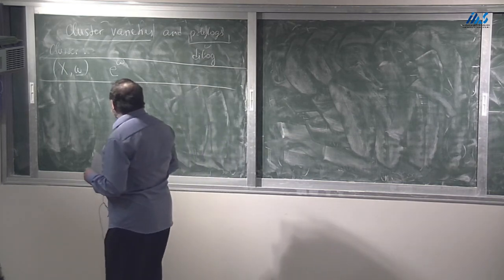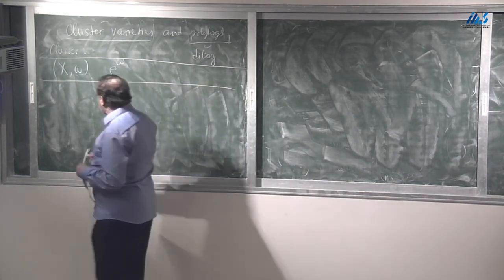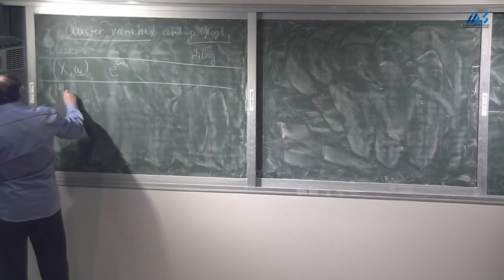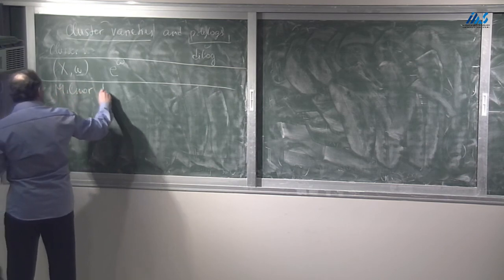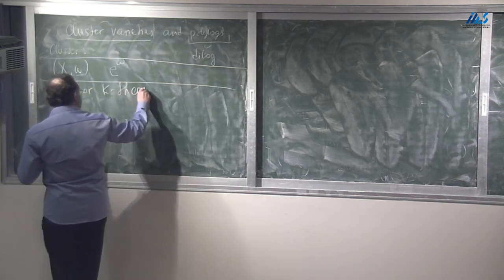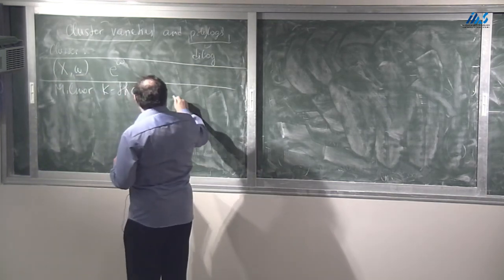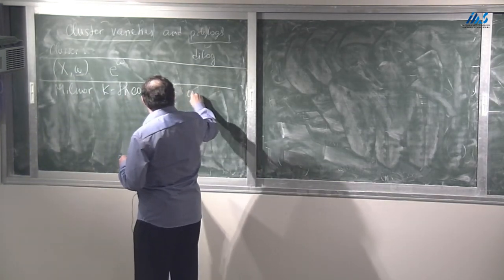In order to explain what kind of structures we talk about, let me start with the definition of Milnor K-theory. We take F to be any field.